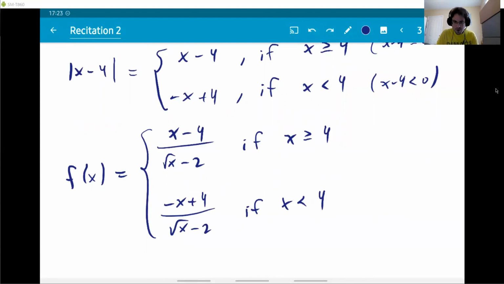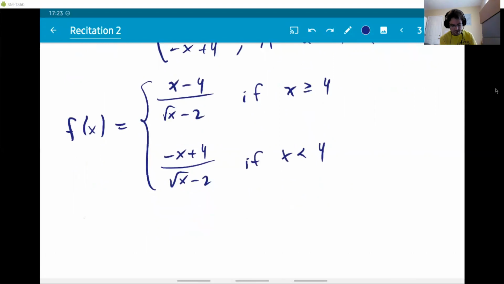So really, this is why they're asking for lateral limits. You have to use one or the other expression depending on which side you're coming from. And the limit itself is going to exist as long as both of the lateral limits are the same. Otherwise, it does not exist. So we just have to compute those two. Let's start with the right side.